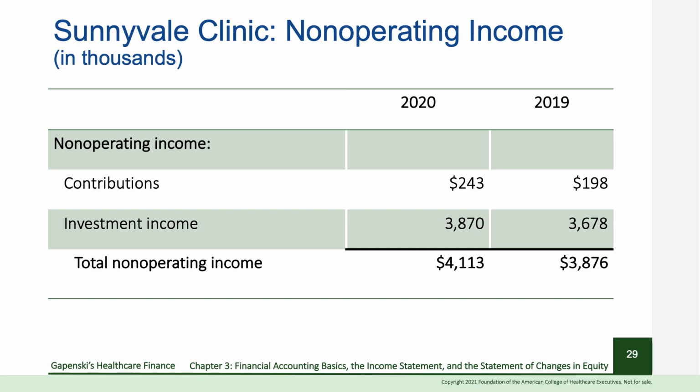Contributions are the donations that you get from other organizations, and like people will donate. Let's say they come and they donate $50 to your hospital. So that's amounting to $243 for the whole year 2020 and approximately $200 for 2019. So the total non-operating income for 2020 is $4,000 for Sunnyvale Clinic and approximately $3,800 for Sunnyvale Clinic in 2019.